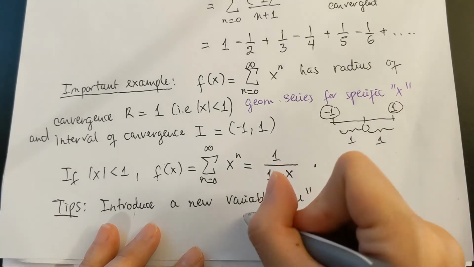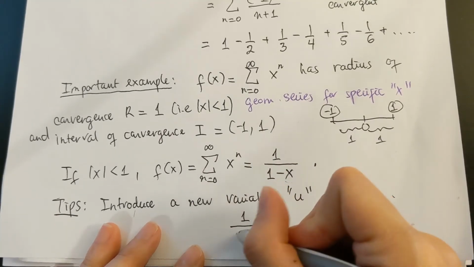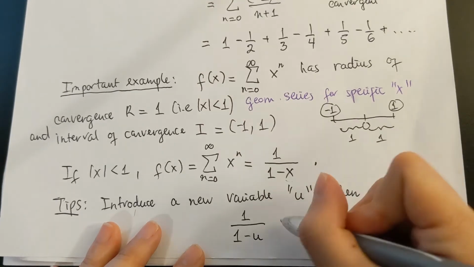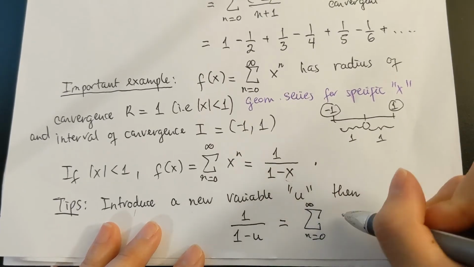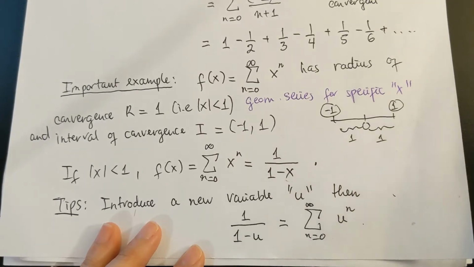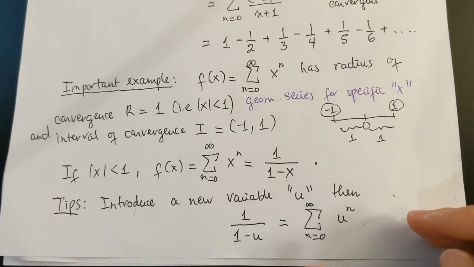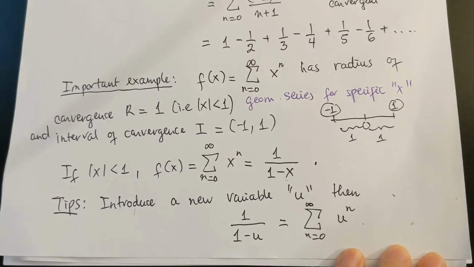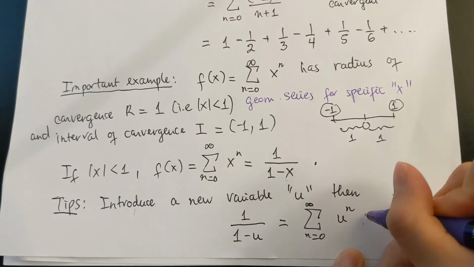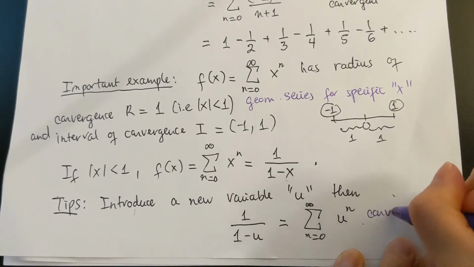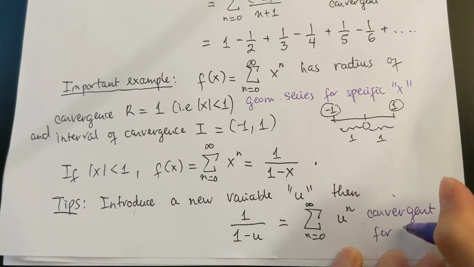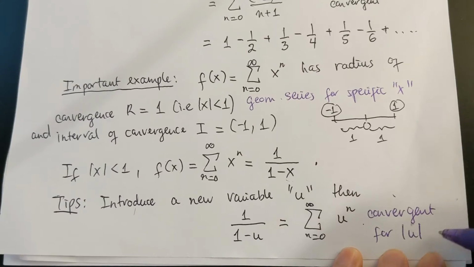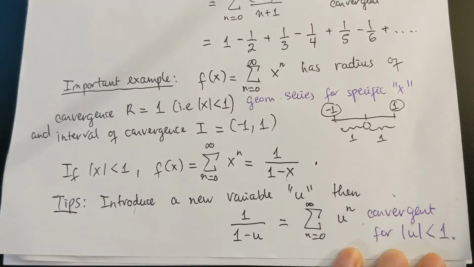Then we have 1 over 1 minus u is the sum of u to the n. And this is convergent for absolute value of u less than 1.